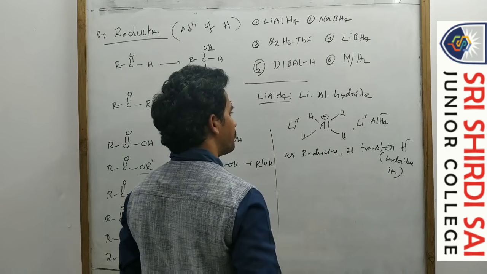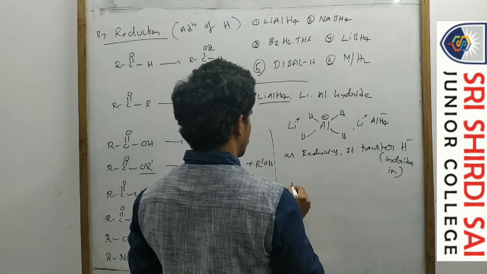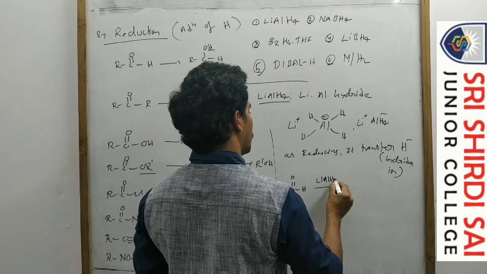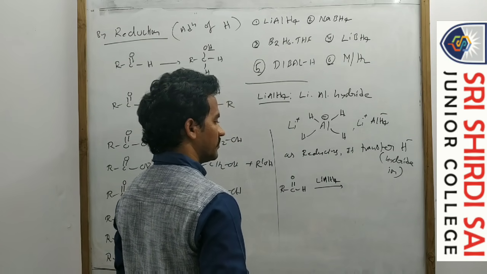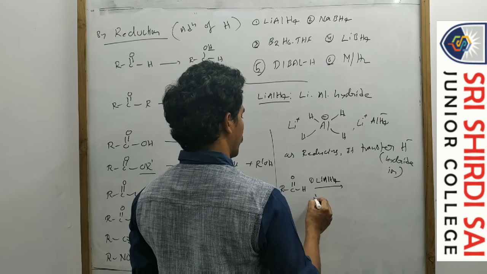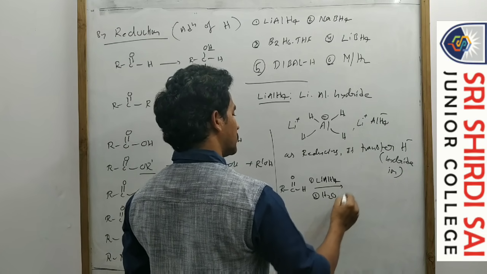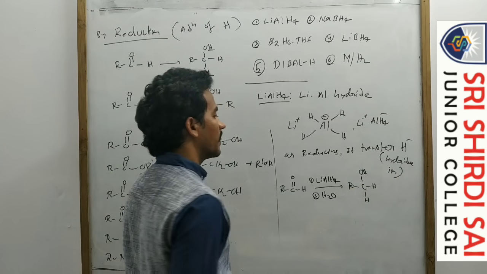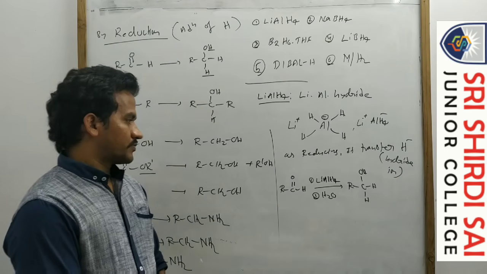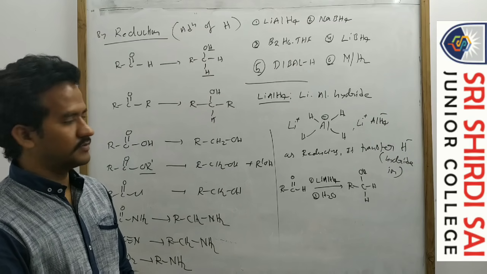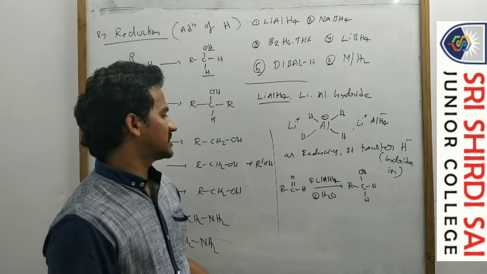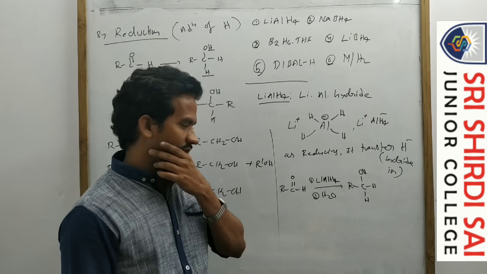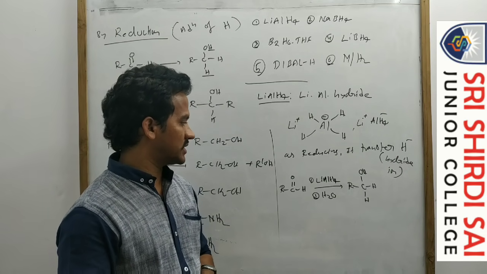Suppose this aldehyde is reduced with lithium aluminum hydride, followed by hydrolysis; we will get RCH2OH. Hydrogen is added to the carbon and hydrogen is added to the oxygen, so it is a reduction reaction. Here lithium aluminum hydride is a reducing agent.